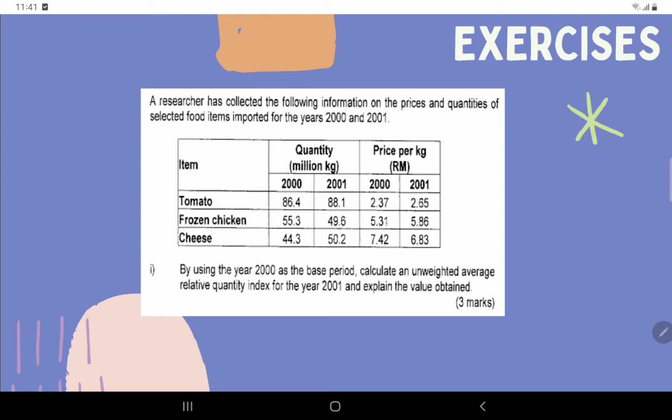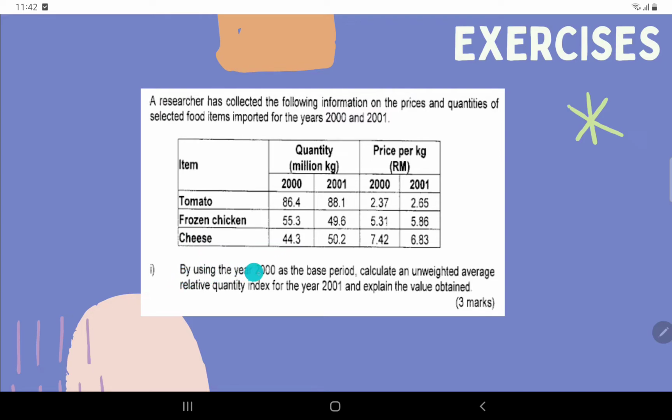Okay, next for this question, we are given the information about the quantity and the price for the year 2000 and 2001 for 3 items, which is tomato, frozen chicken and cheese.